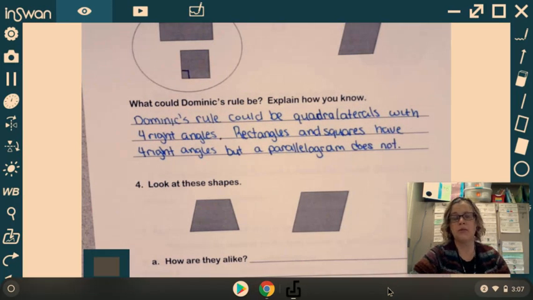So Dominic's rule could be quadrilaterals with 4 right angles. Rectangles and squares have 4 right angles, but a parallelogram does not.